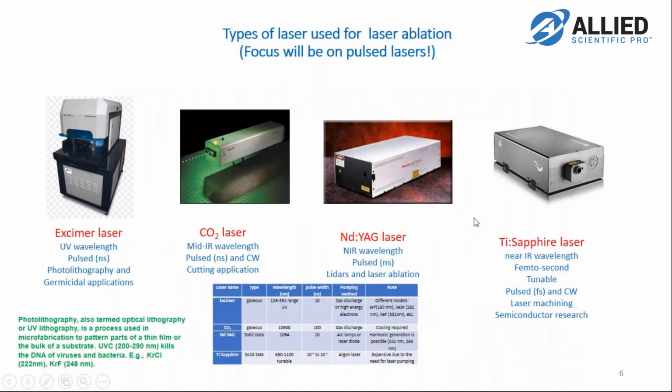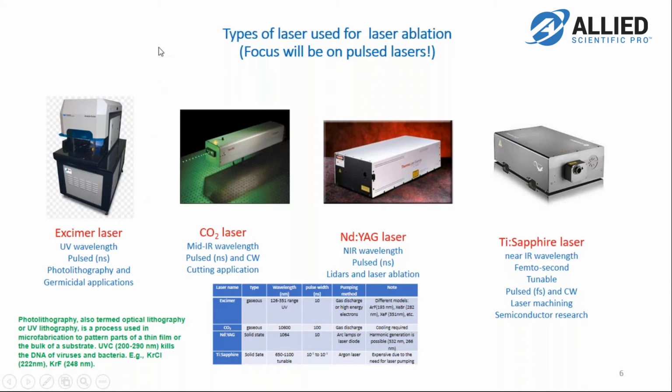So let's look at the different types of lasers that are used for laser ablation. From the left side, we have the UV laser, which is called the excimer laser. And by the way, all these lasers have a certain laser medium. This could be either a gaseous medium, such as in case of excimer lasers and CO2 lasers, or it could be a crystal, which is in case of neodymium YAG laser and Ti sapphire laser.